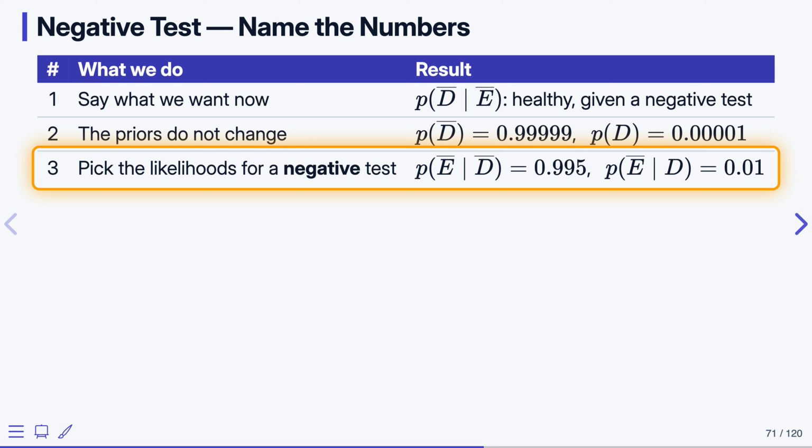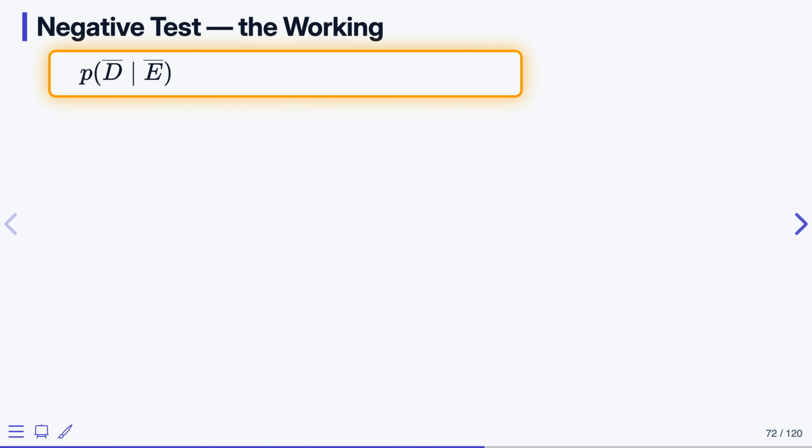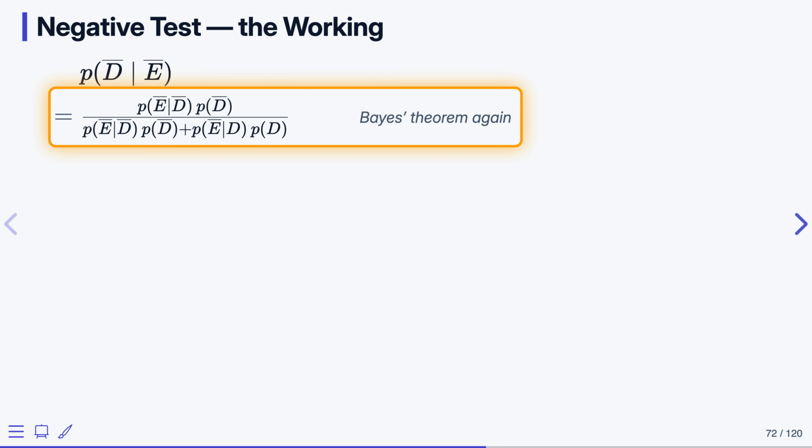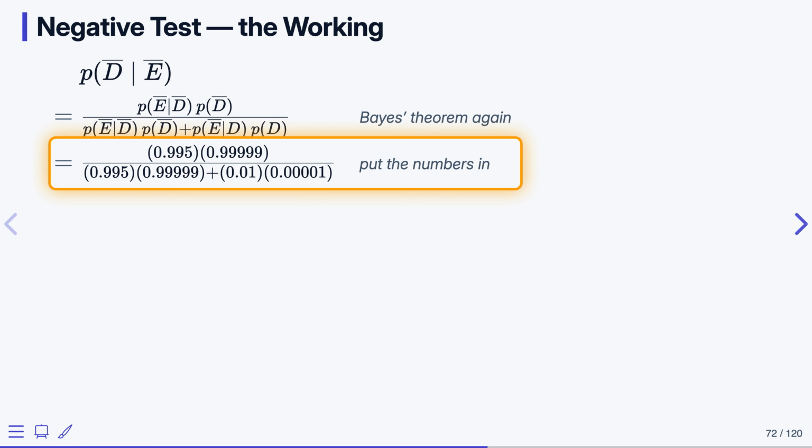If you are healthy, the test is negative with probability 0.995. If you have the disease, a negative test is a missed case with probability 0.01. We want P of not D given not E. Bayes' theorem again, with bars on the letters this time. Put the numbers in.